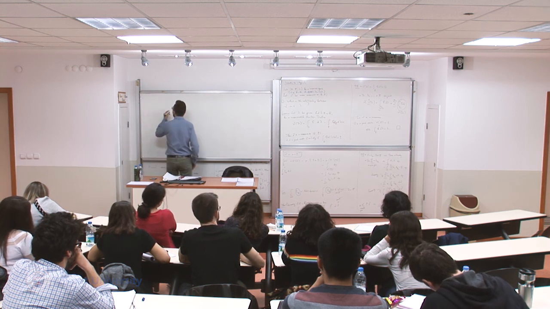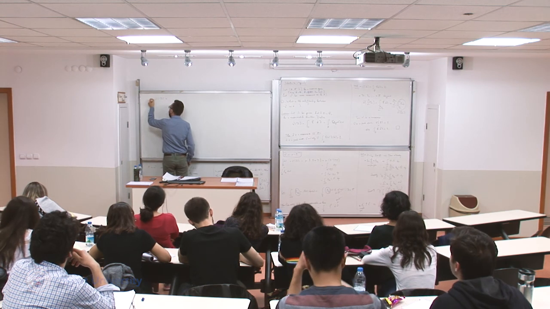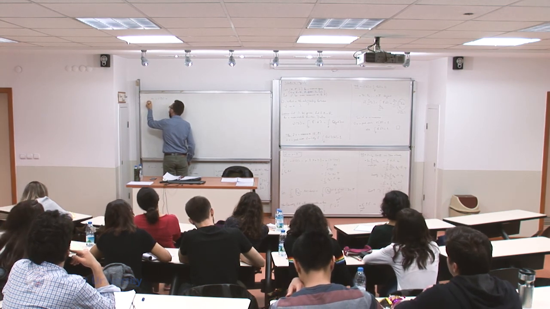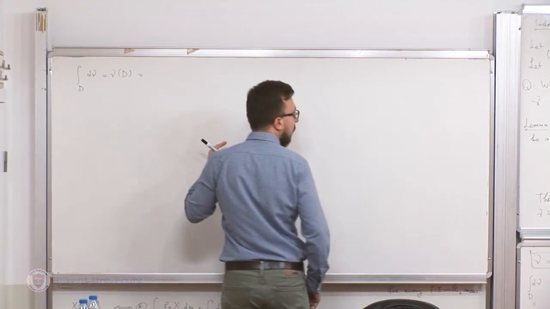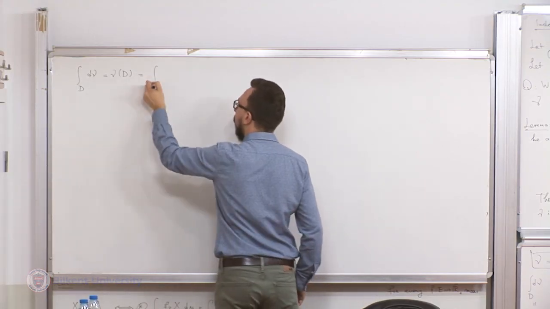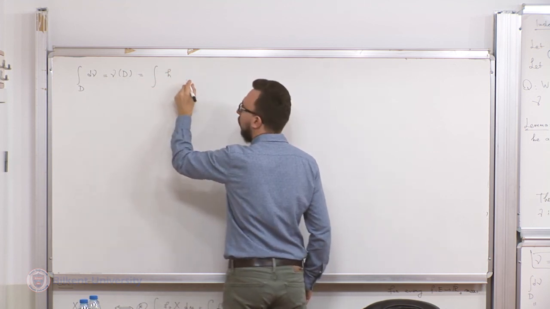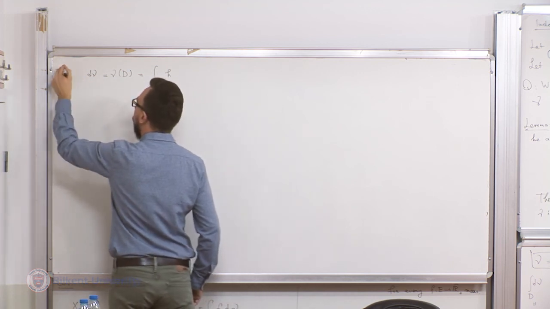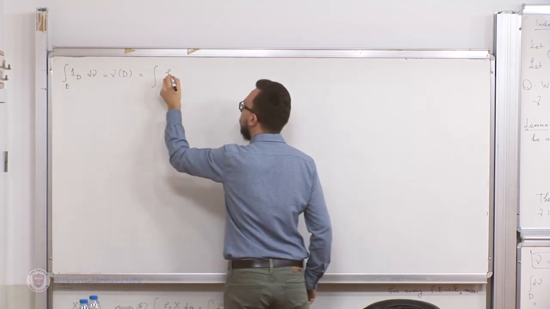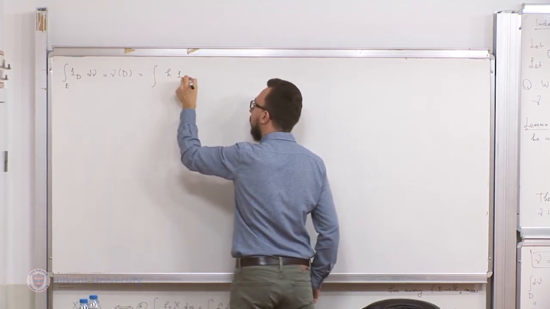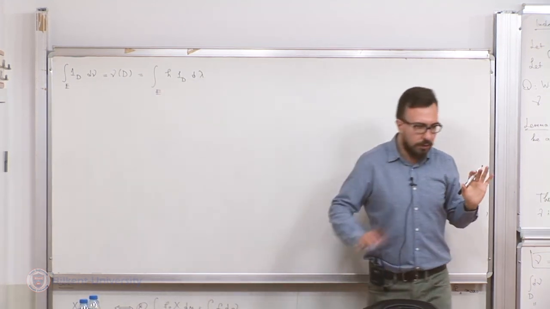Okay, so here we have nu of D, which is the integral of h indicator D d lambda over E. So we're working on just one space.